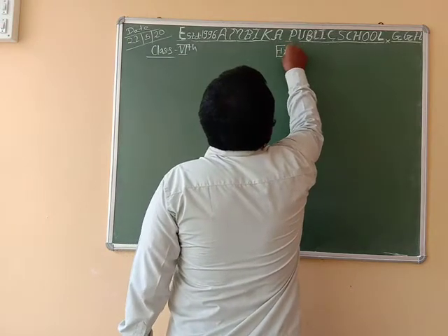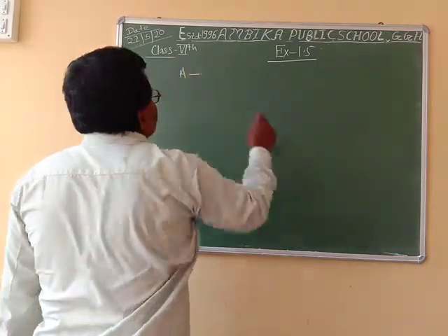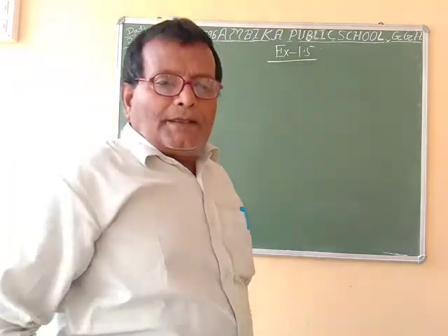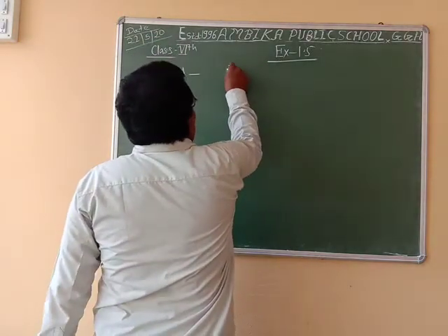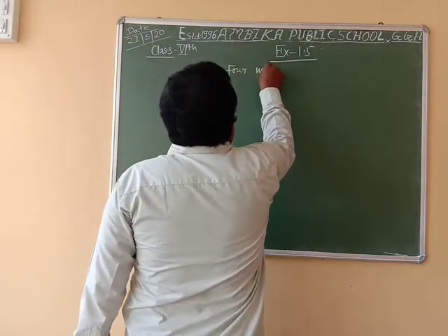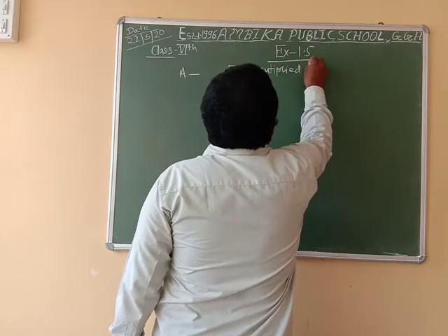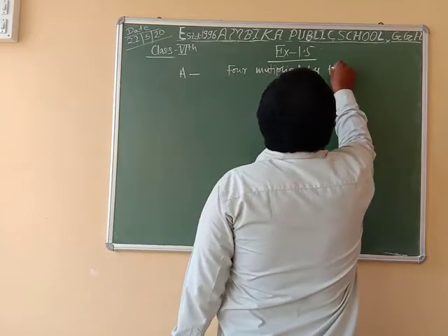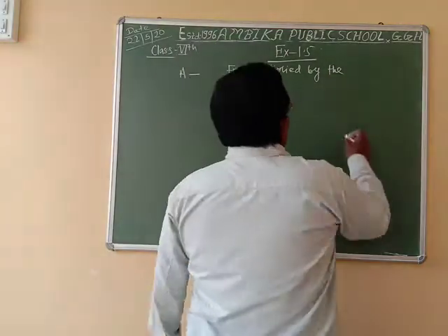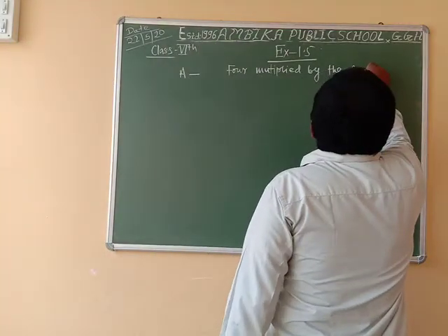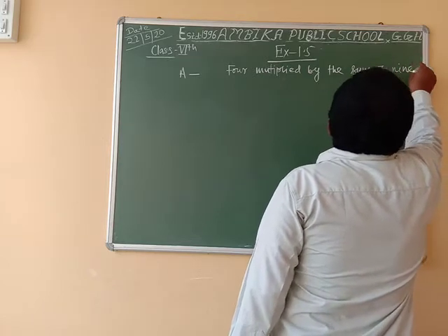Exercise 1.5, question number 1 says 4 multiplied by the sum of 9 and 2.